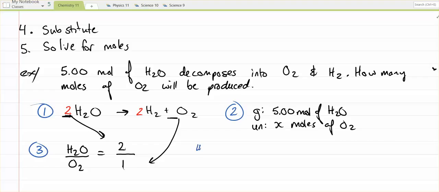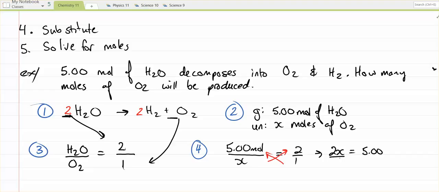Next step is you substitute in your given and unknown. So now we have 5.00 moles over X is 2 over 1. And we're just simply going to do a cross multiplication step. And so what we get is 2x equals 5.00, divide by 2, divide by 2, x equals 0.25, oops, mistake.